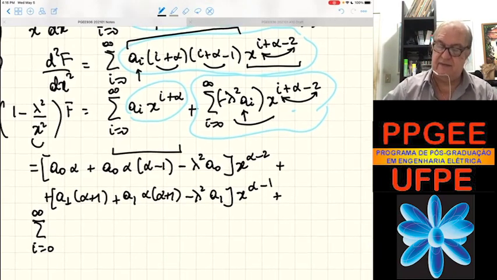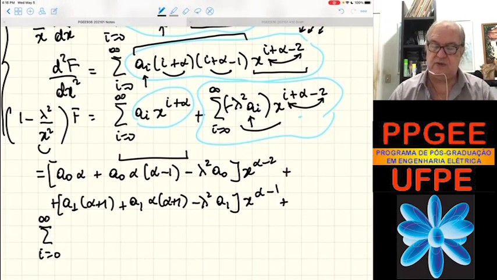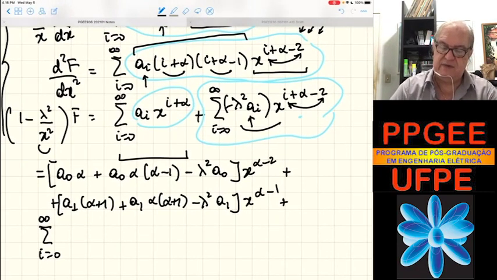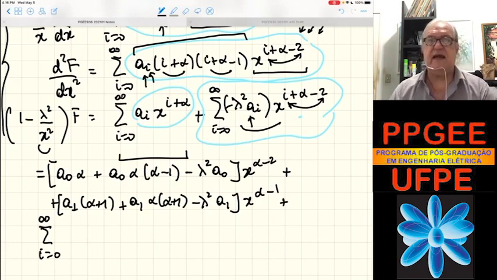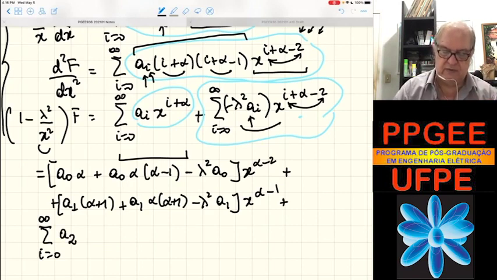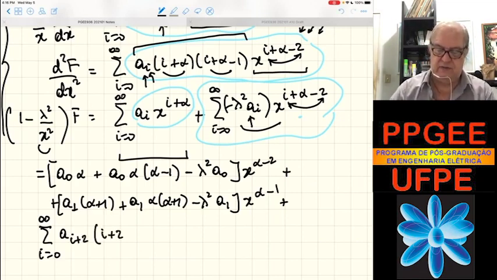Then I'm going to have power of x minus 2, right? So I have to sum here 2, because I'm going to start at y equals 2. So it's going to be a_{i+2}, I'm sorry, i plus 2 plus alpha, i plus 2 plus alpha minus 1.